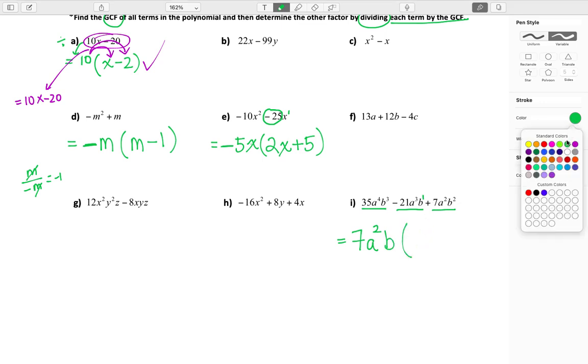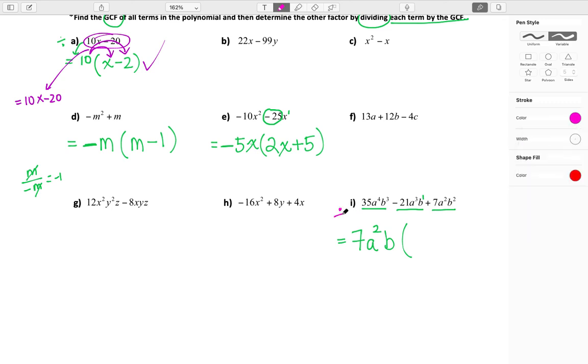Bracket. So let's start dividing. 35 divided by 7 is 5. And then we're going to start subtracting the exponents. So a squared, b squared.